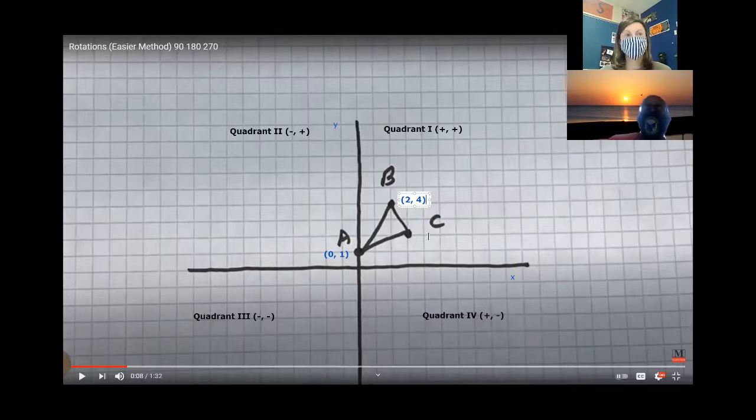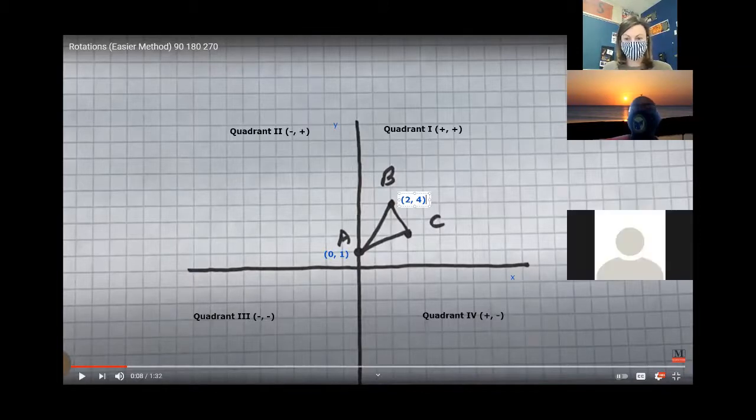Somebody else? And it could be online too. Let's see if online's awake. Somebody from online in the chat or in person. What is the ordered pair for C? Gosh, we're waiting again.